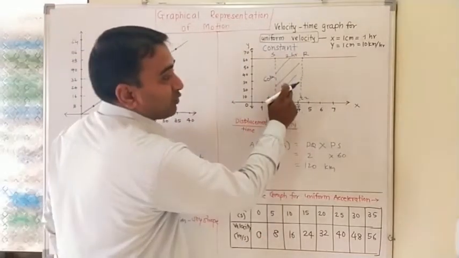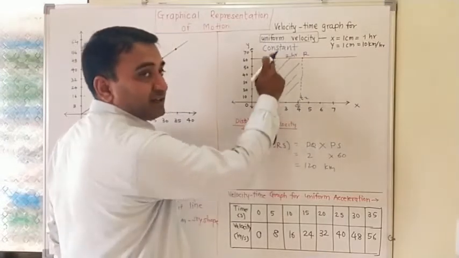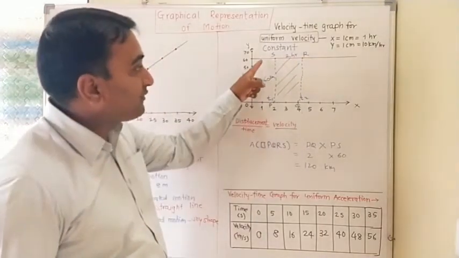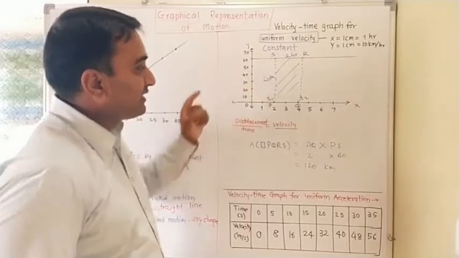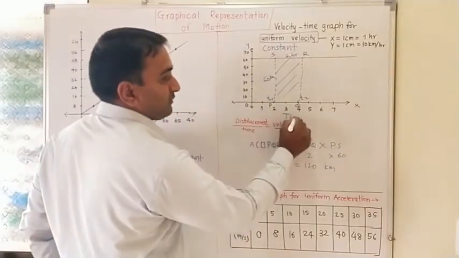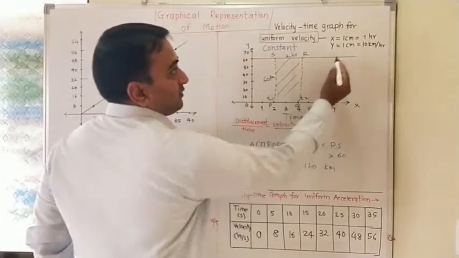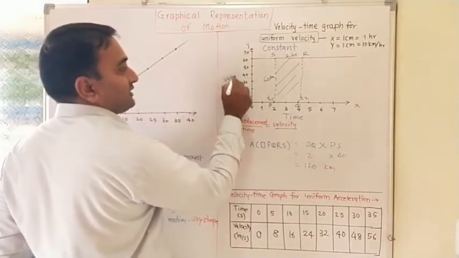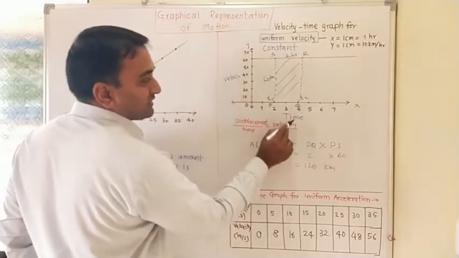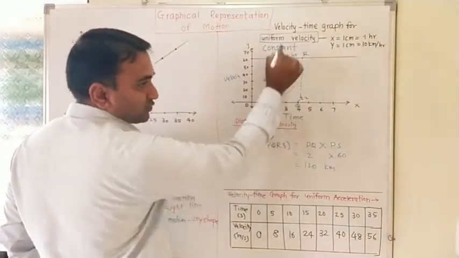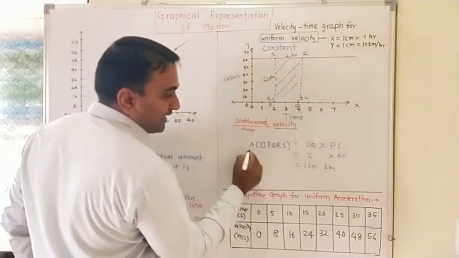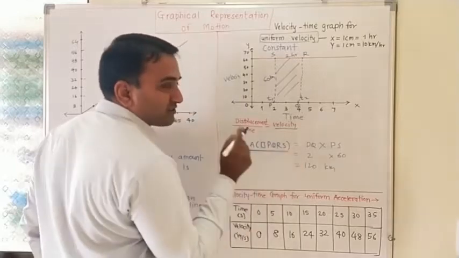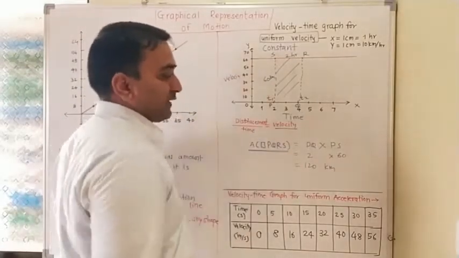So by calculating the area of this quadrilateral, here we have time on the x-axis, and here we have velocity. So the area under the velocity time graph gives the distance traveled by the train.